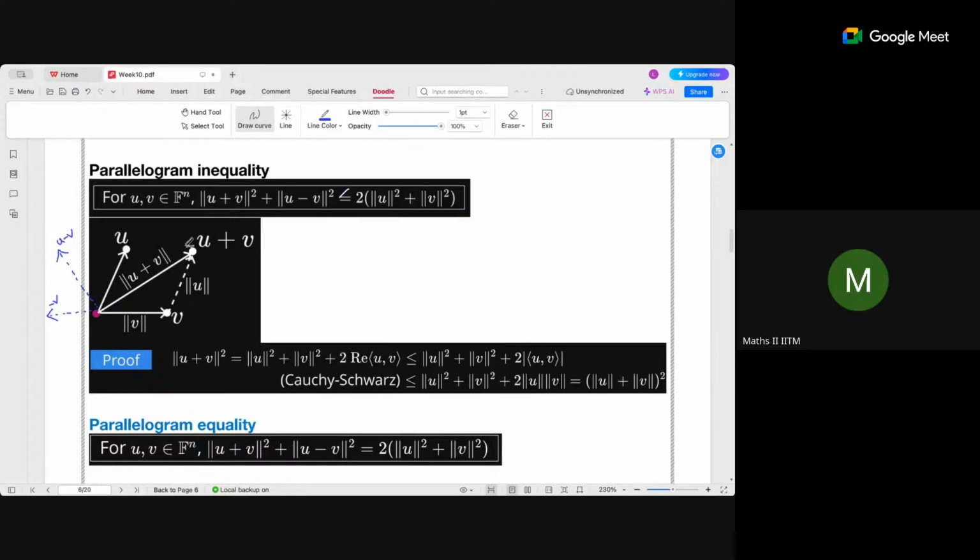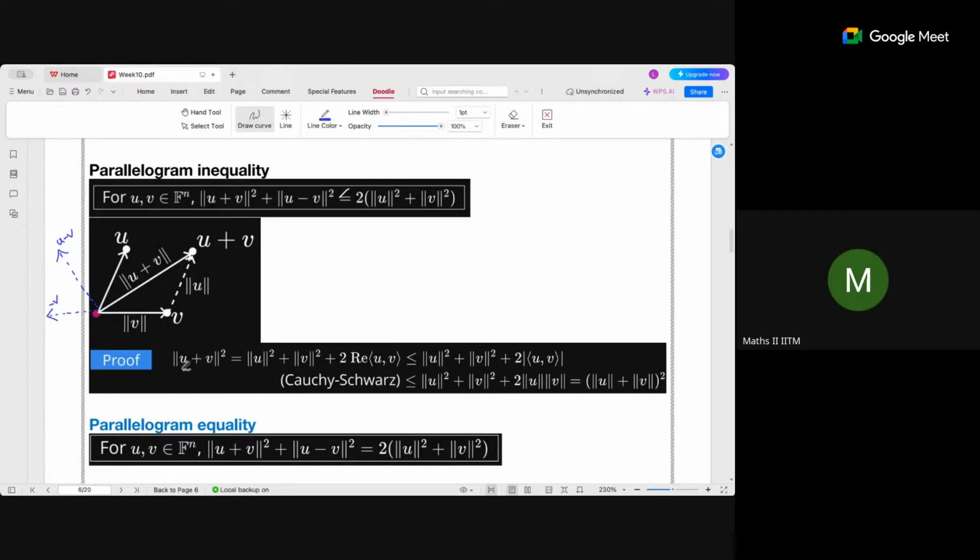So norm of u plus v whole squared plus norm of u minus v whole squared, where this is norm u and this is norm v, is less than or equal to 2 times norm u square plus norm v square. Okay, fine. So this is called the parallelogram inequality.